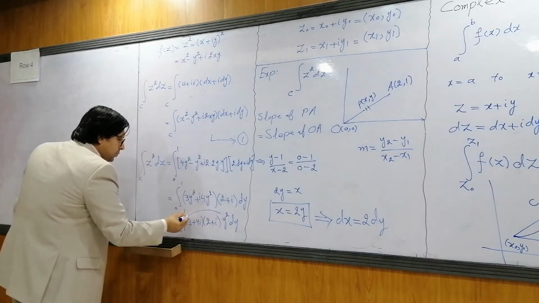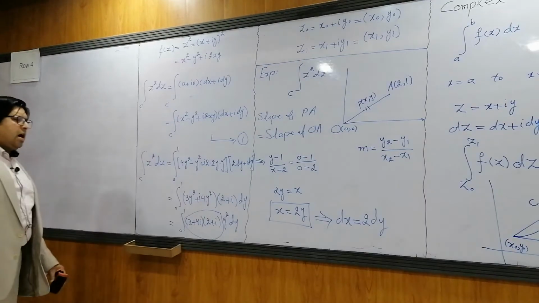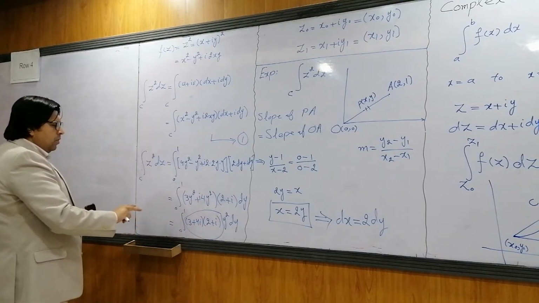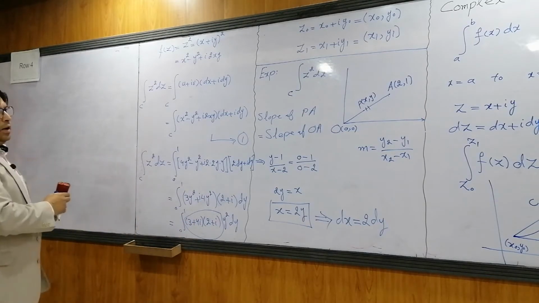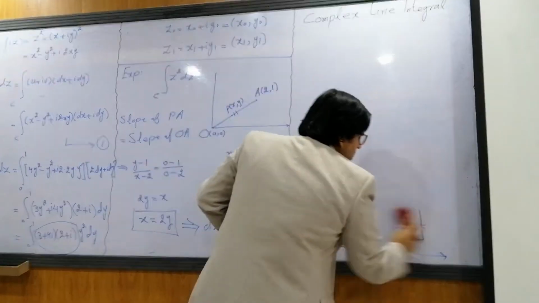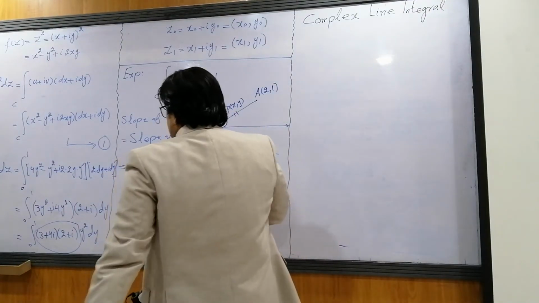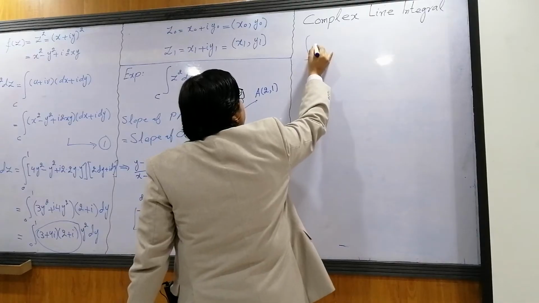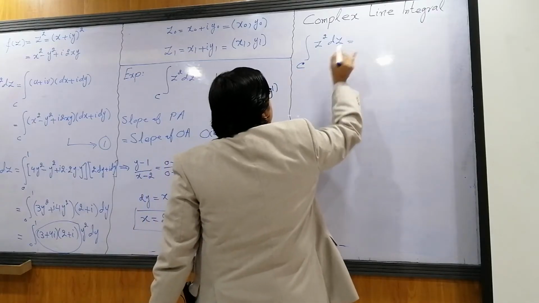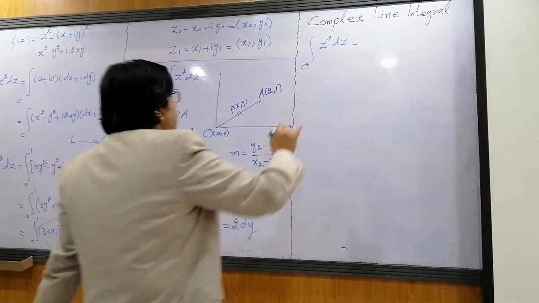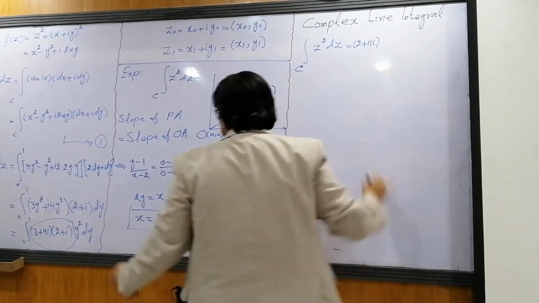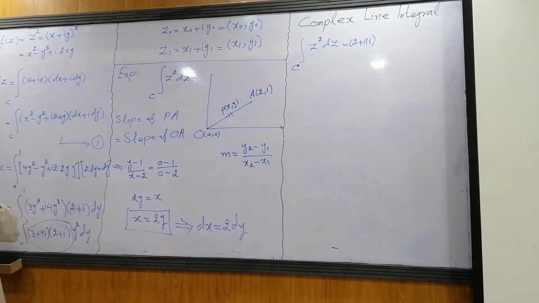Now you can see that this is a constant term, a multiplication of two complex numbers. After multiplying these, the integration of z square dz along the curve C is equal to 2 plus 11 iota, taken outside of the integration.